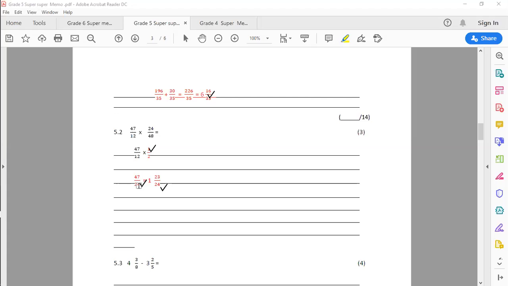I know it's going to give me 1. 1 times 24 gives me 24. Then what must I do to get to 47? I must add 23. So I have 23 over 24. And since 23 is prime, I know my answer is correct. So I have 23 over 24.